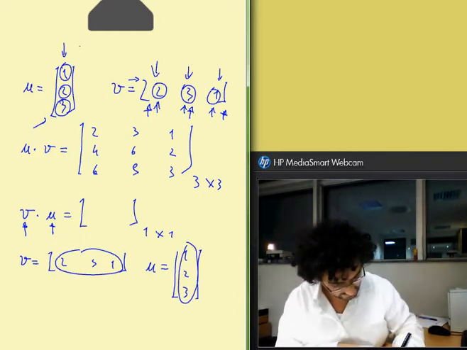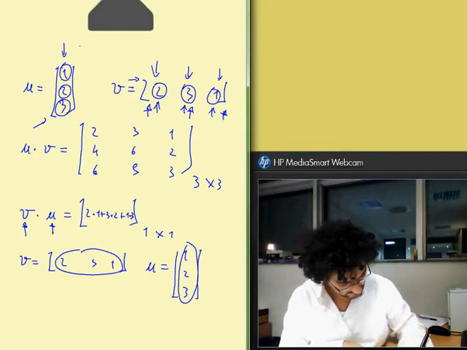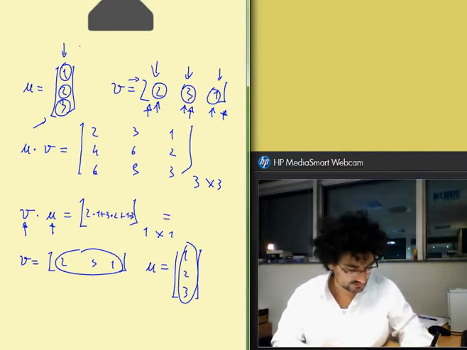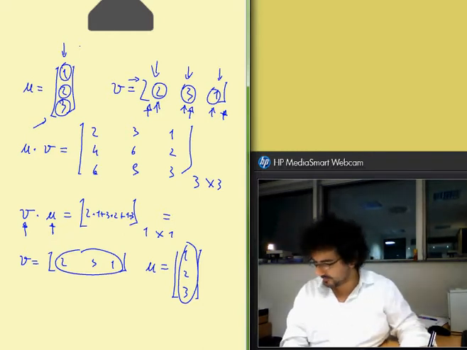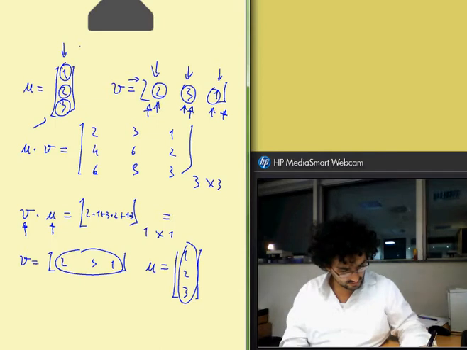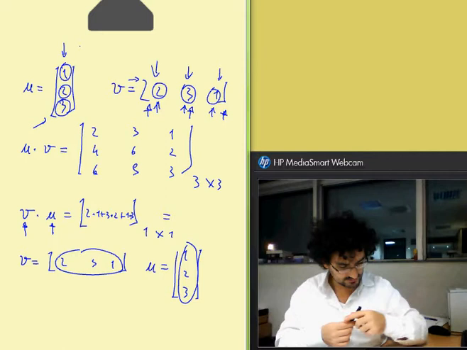So the result will be 2 times 1 plus 3 times 2 plus 1 times 3. So it's 2 plus 6, which is 8, is the scalar 11.